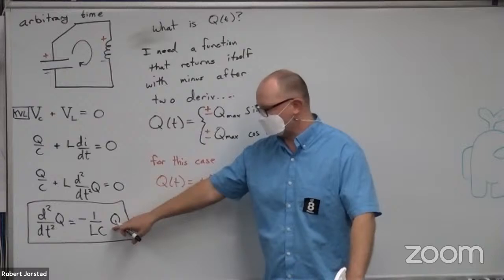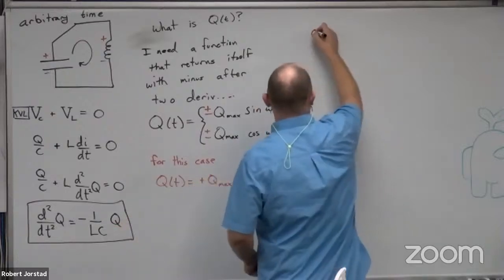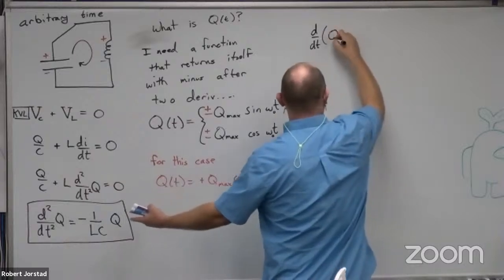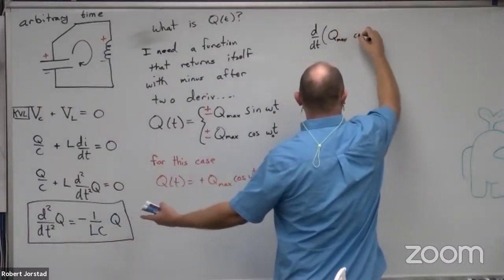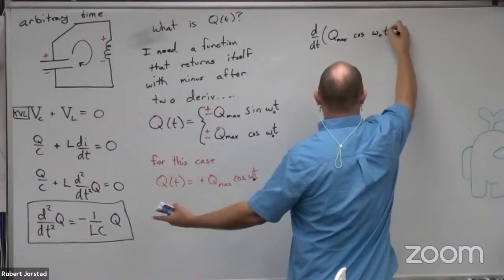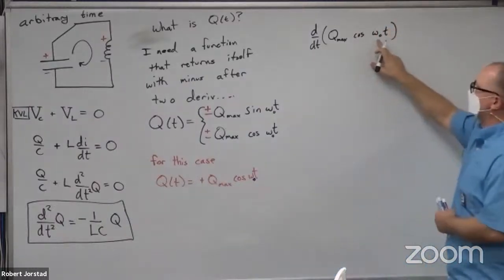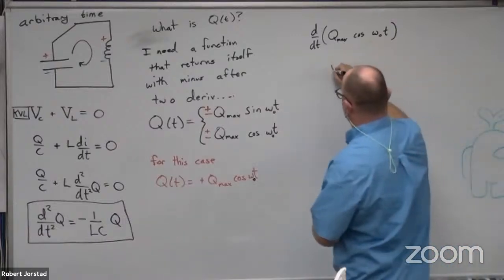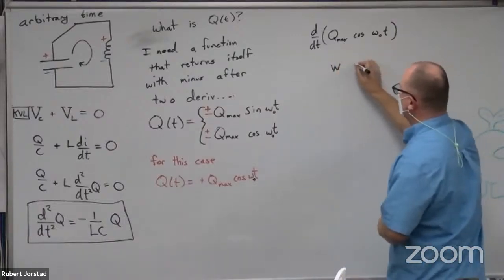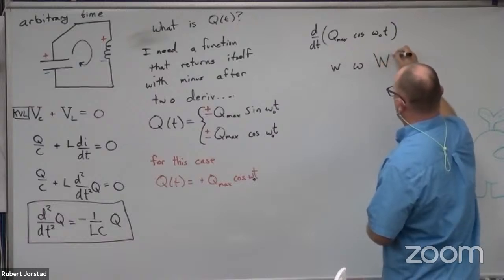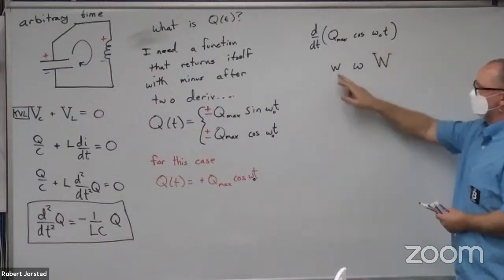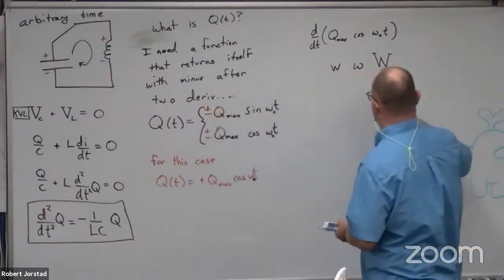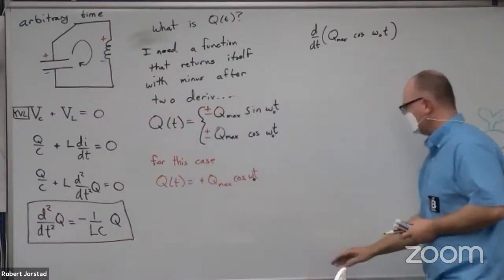Let's take d/dt of Q max cosine omega naught t. To be clear, this is an omega, not a W. For my classes, if you see me write this, that's an omega. This is a capital W. W is not the same thing as omega. W means weight, mg.